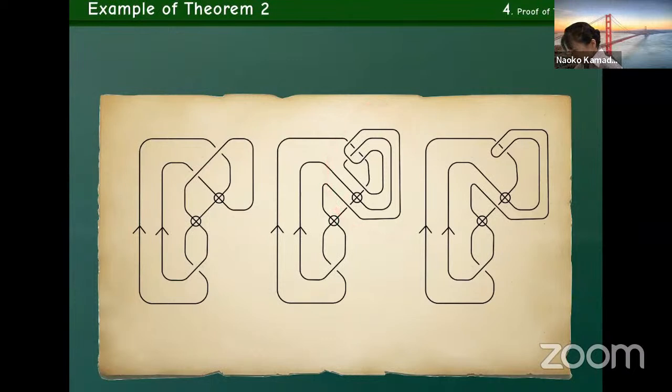Then we apply, in this case, the Leitmeister move and the R1, R2 move and the R1 move. Then we have a trivial loop in this diagram.